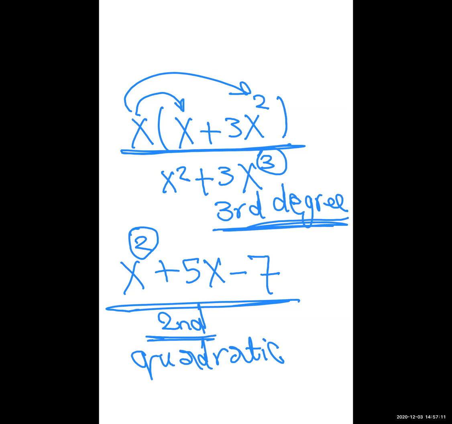This one is not second degree just because one of the powers is 2. Now it becomes third degree, which is a cubic function, right? Is it clear now? Yes. Okay, very good.